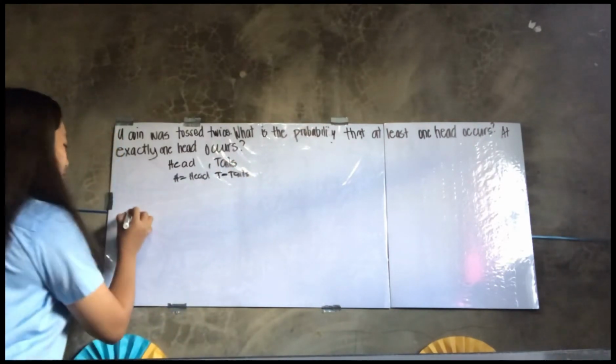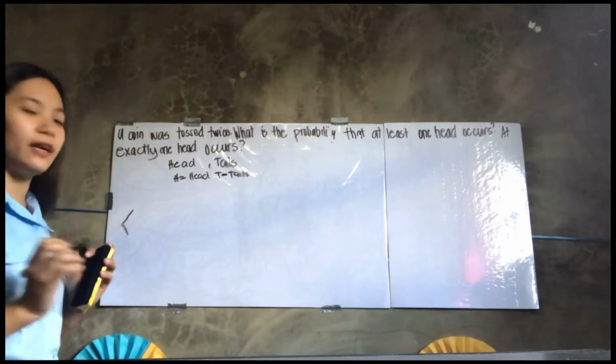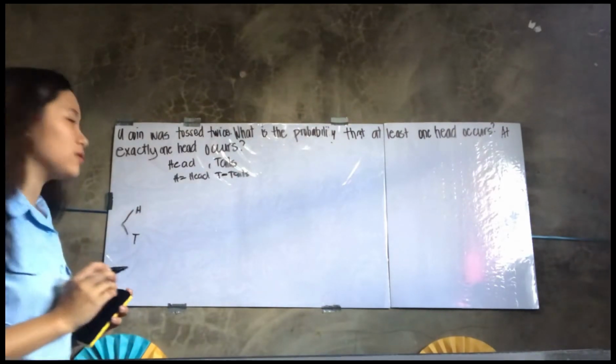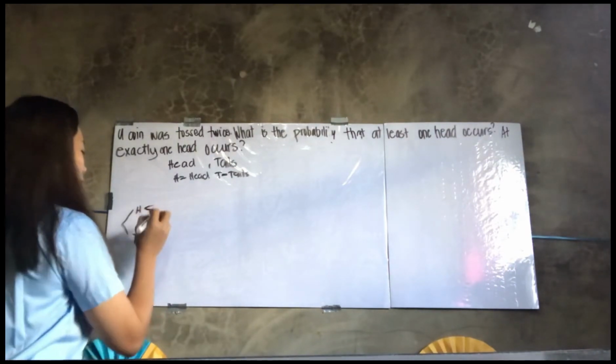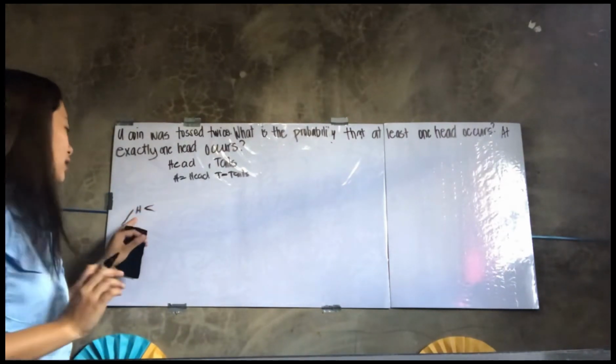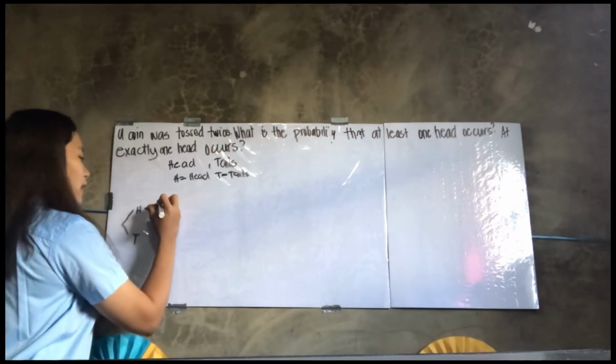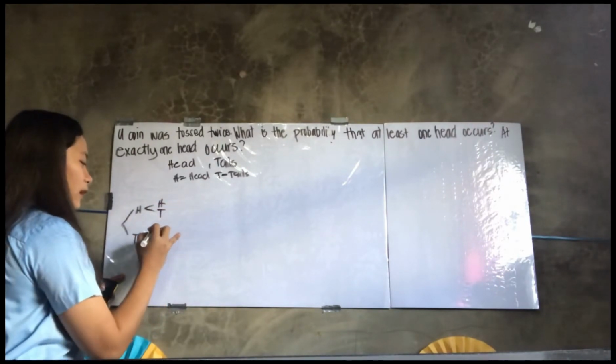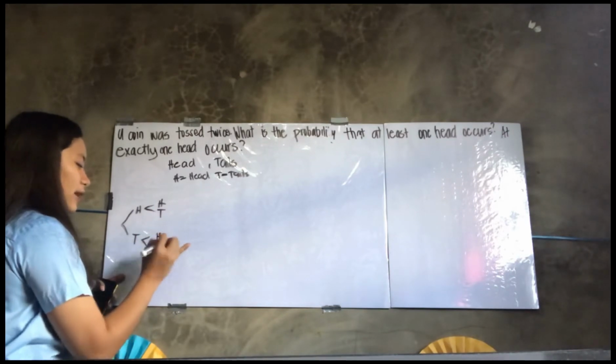So, at the first toss, we can only get head and tail. At the second toss, on the head, we can get head and tail. And also at tail, we can also get head or tail.